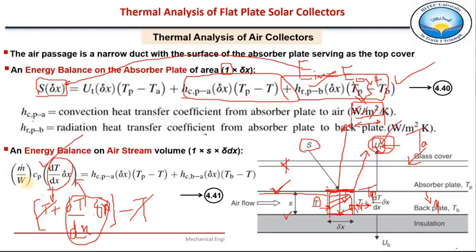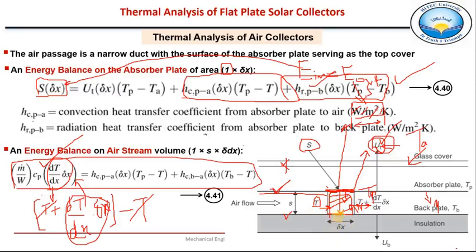For a certain width of that solar collector, the total width will be the total W in the direction into or out of this slide. So if this equation is also clear, this is the energy balance on the air stream which is present in this element del x.